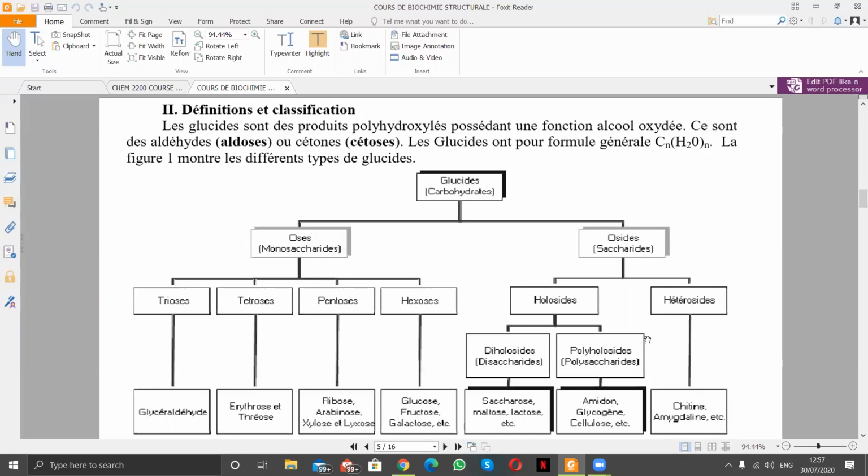These are examples of homopolysaccharide. Am I clear? Hello?